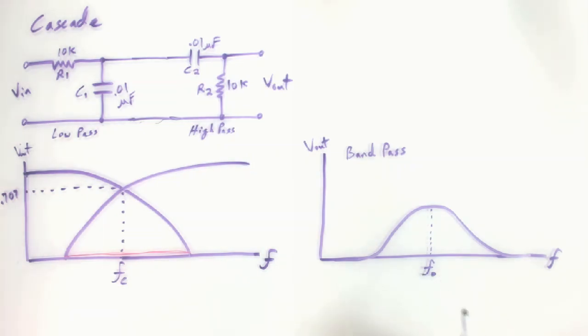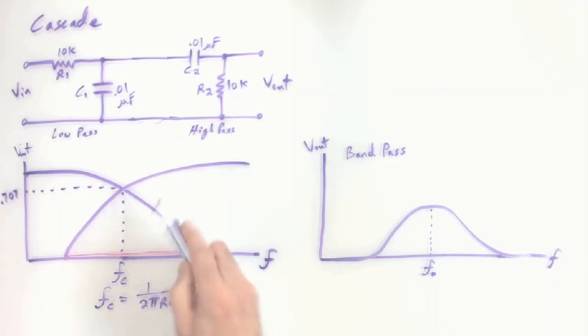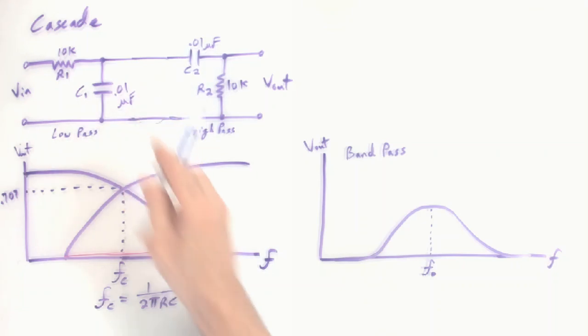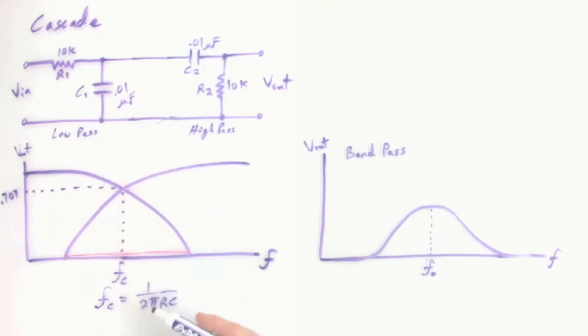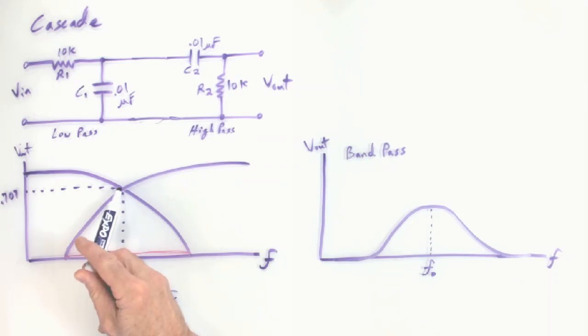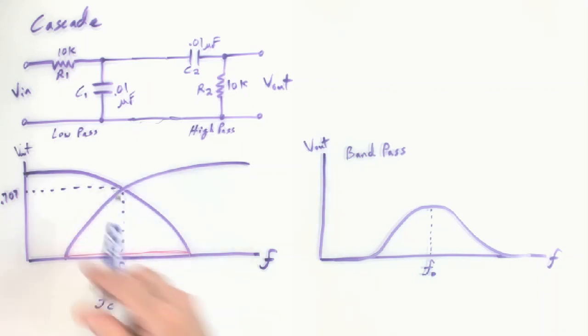And you might make a guess and you'd be right. If you remember the cutoff frequency, you could calculate it with a simple formula. 1 over 2 pi RC gave you the cutoff frequency for the low pass. And if you use the same component values, then you'll have the same cutoff frequency. It's also 1 over 2 pi RC for the high pass. So at that point, you can probably see intuitively that is the frequency that's going to be getting through the easiest.